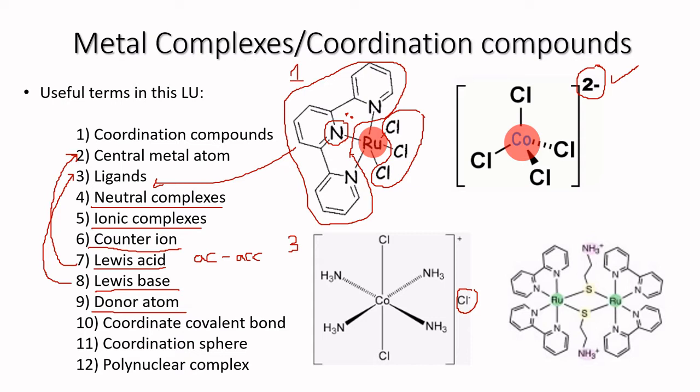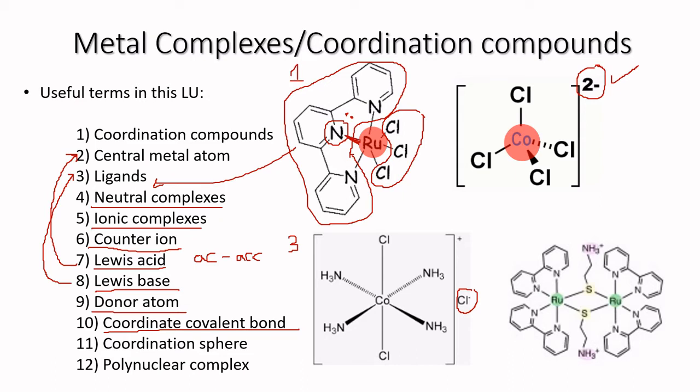Okay, and then when this nitrogen donates the electron to the ruthenium, to the central metal atom, the bond that is formed here is what we call a coordinate covalent bond.